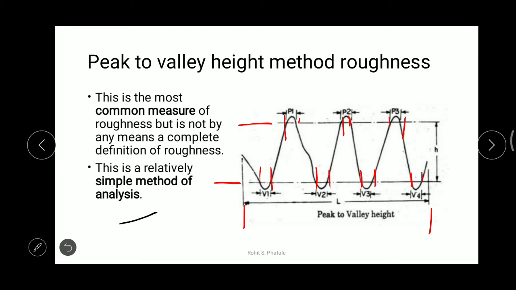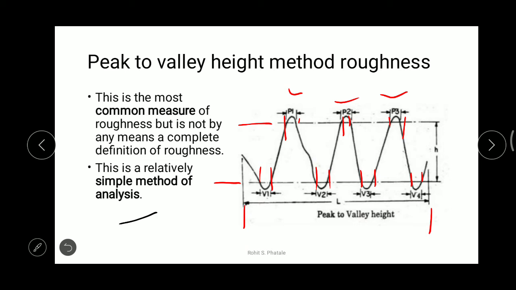And these peaks and valleys that we are taking on this profile have some lengths, that is P1, P2, P3, P4, and some lengths for valleys also, V1, V2, V3 and so on.